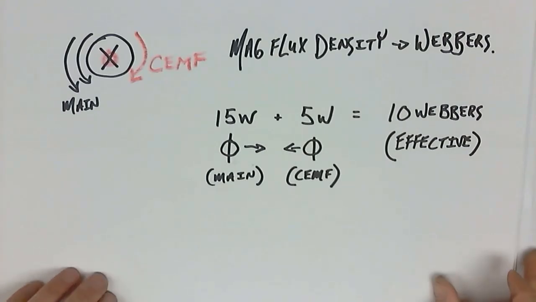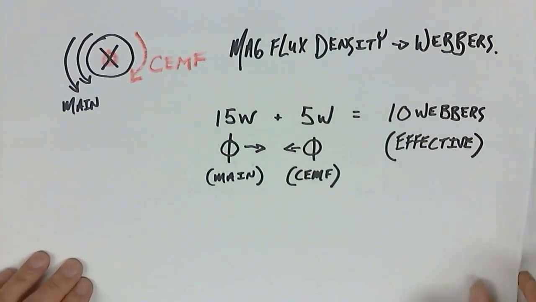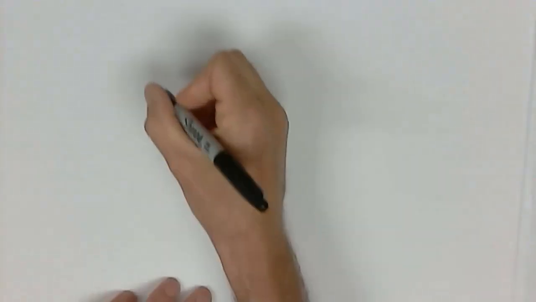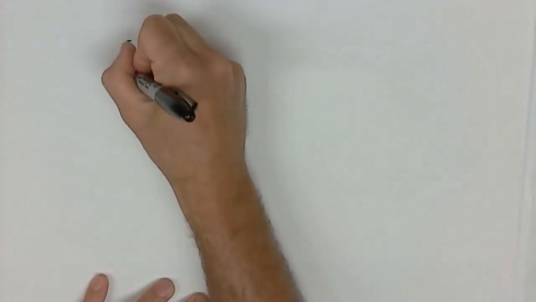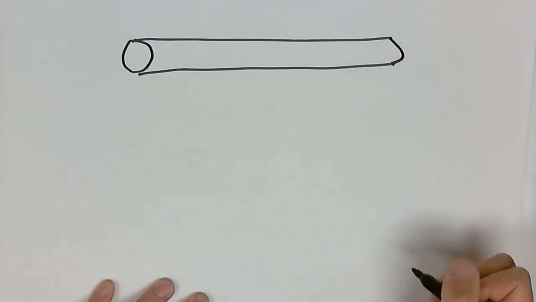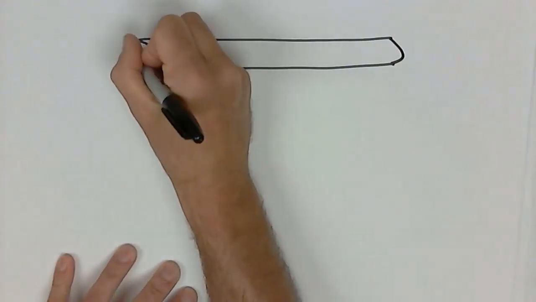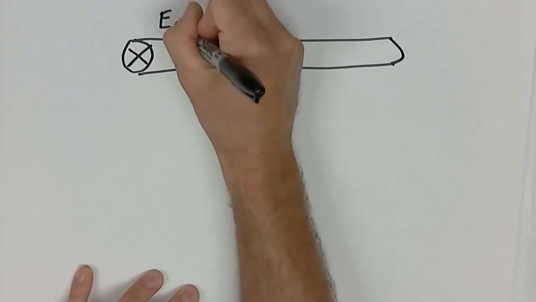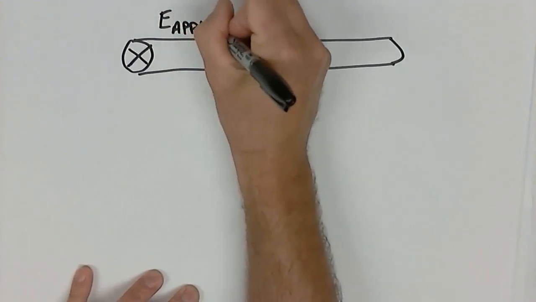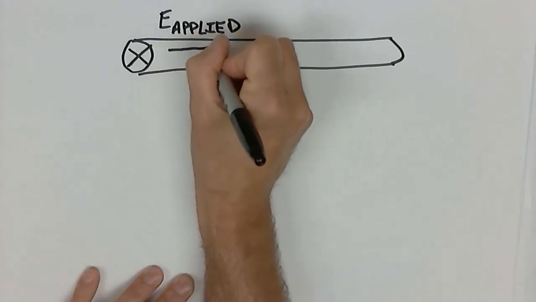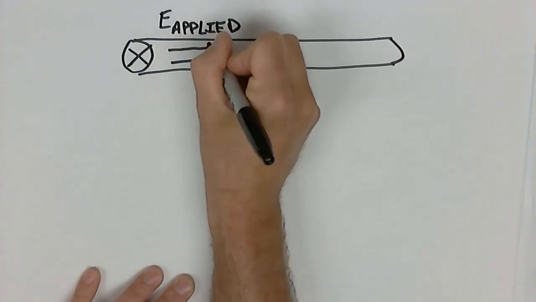So another way to visualize this is by looking at the conductor inside the motor, where we have, there's the conductor, and the conductor has current flowing on it, which is from the applied, which is the main source, and it's a significant value of current and EMF, right?